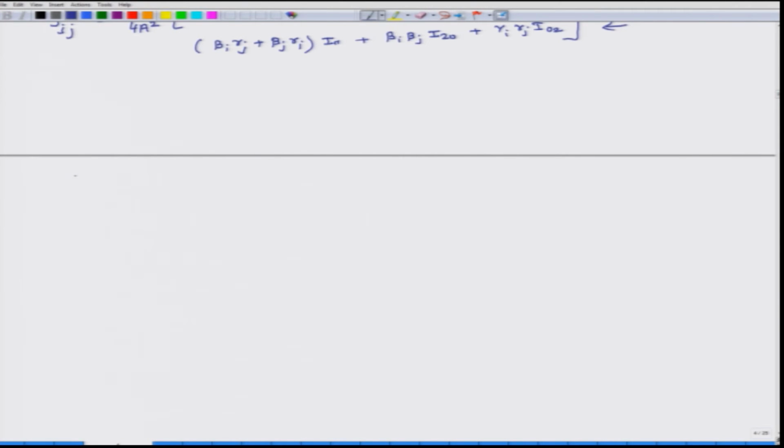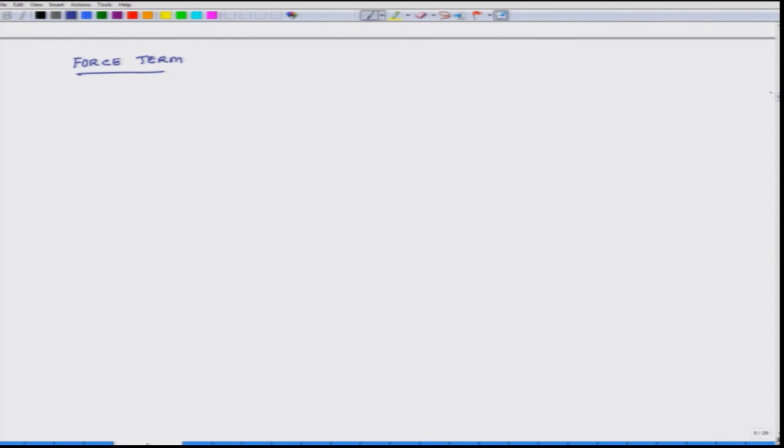So, force term. Okay. So, we had written that F_i equals integral over the domain f times psi_i dx dy.